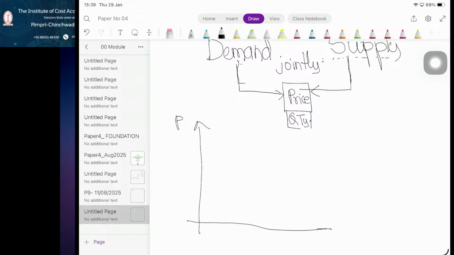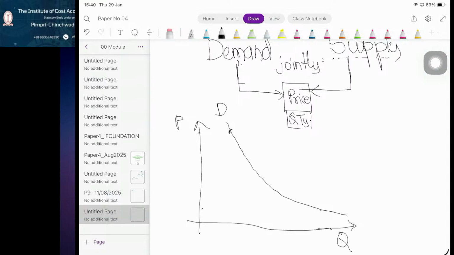Price and quantity. The demand curve is like this. This is because buyers are willing to pay less as the price goes up, and they are willing to pay more when the price is less.